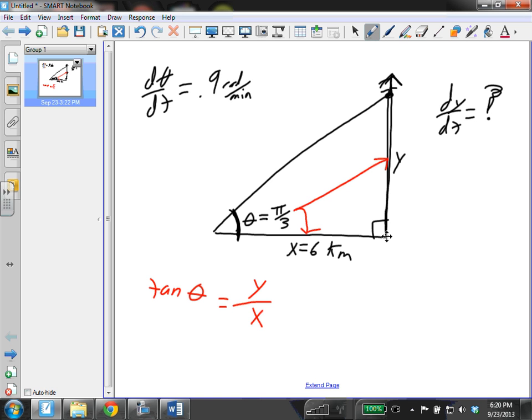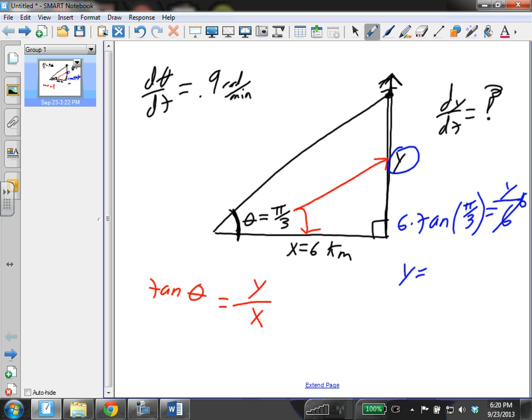Now, before we start using this formula, hopefully you can see that we're going to need to know what this distance y is. So I'm going to begin by figuring out what y is at this moment. I'm going to come over here to the side and do this in blue. The tangent of the angle right now, pi over 3, we don't know what the value of y is, but at this moment our x value is equal to 6. So tangent of pi over 3 has to be equal to y over 6, and to get y by itself, we simply multiply by 6 on both sides.